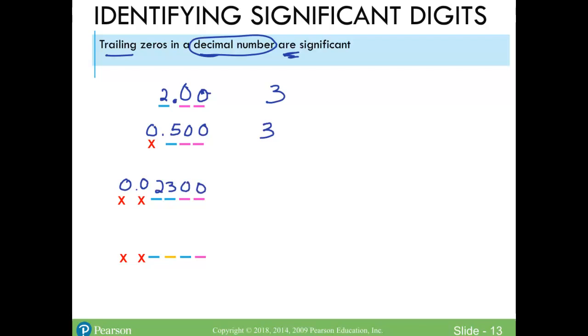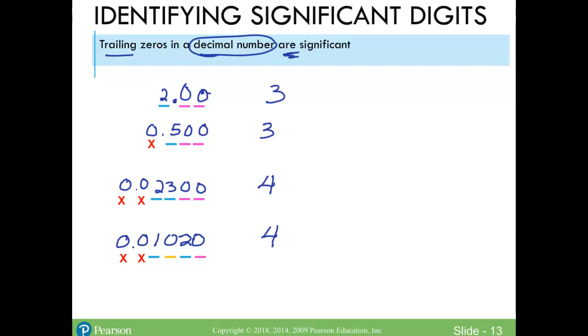Those leading zeros are not significant, but these trailing ones are. So that's 4. And one final example, 0.0020. In this case, those leading zeros are not significant in this decimal number, but the rest of these zeros are. So that's 4 significant digits.